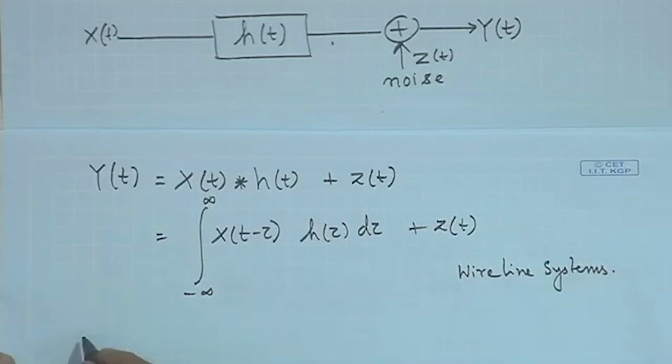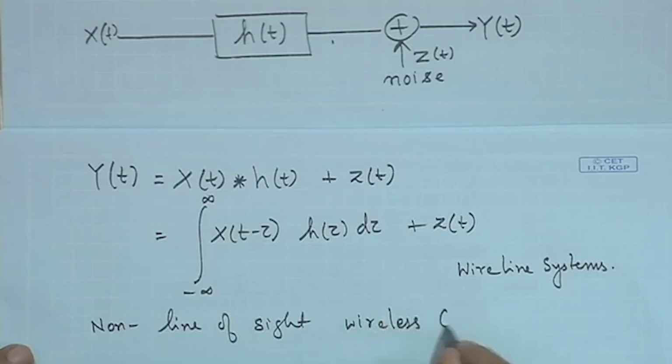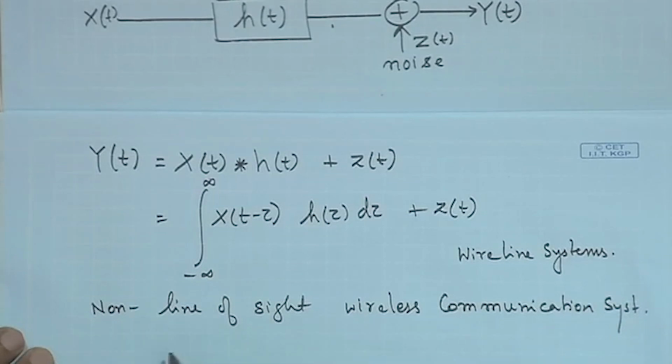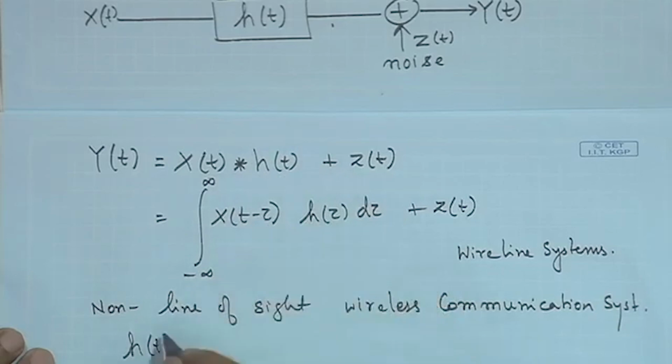Now, in case of non line of sight wireless communication systems, what you are going to encounter is that this h of t, or h of tau that you are seeing here, will get replaced by h of t comma tau.